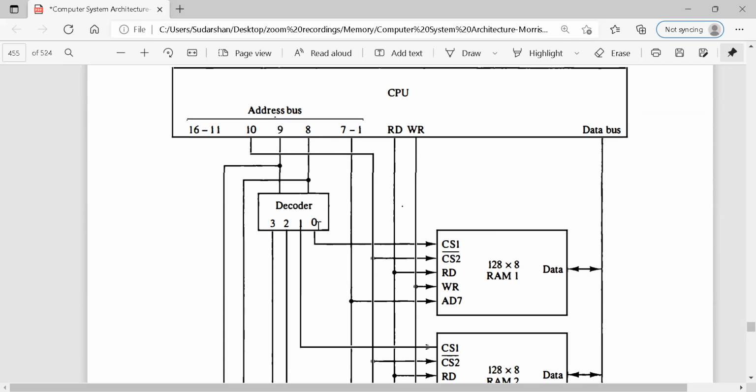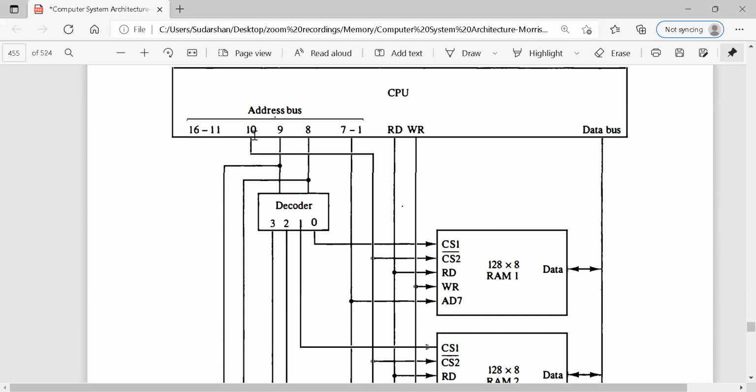Therefore, if CS1 is going to be 0, the first chip is selected. If the output of the decoder is going to be 0, it is enabling CS1 of the first chip. And CS2, since the 10th bit is going to be 0, 0 bar is 1.